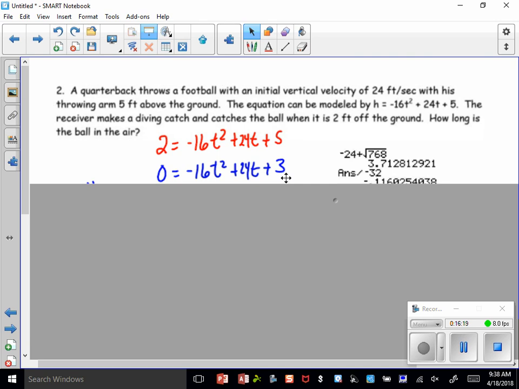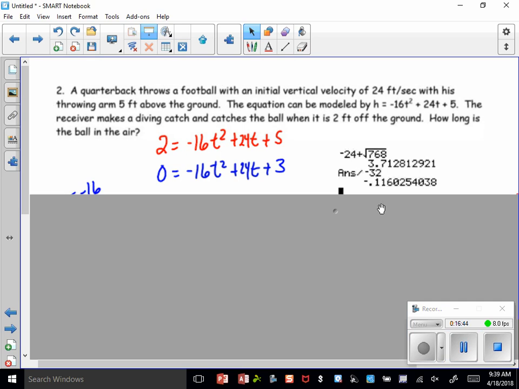So now I want you to find the discriminant. Okay, so use that equation to find the discriminant. Okay, so make sure you write down -24 plus the square root of 768. Okay, write it down first before you type it in. You would hit enter once you type it in, and then divide that by the -32. Okay, make sure you're getting these numbers.